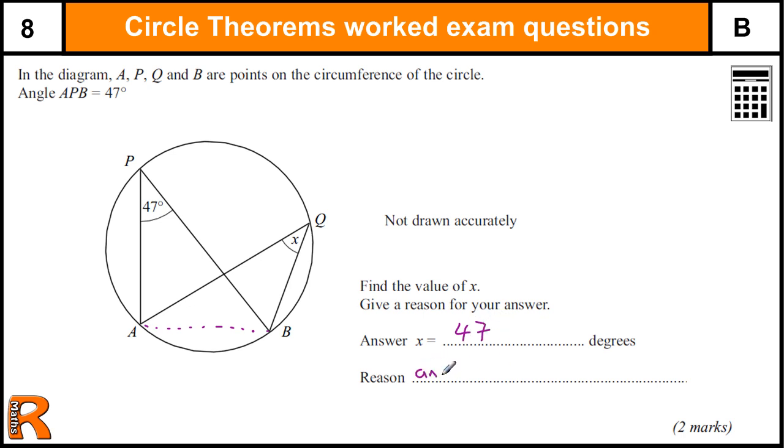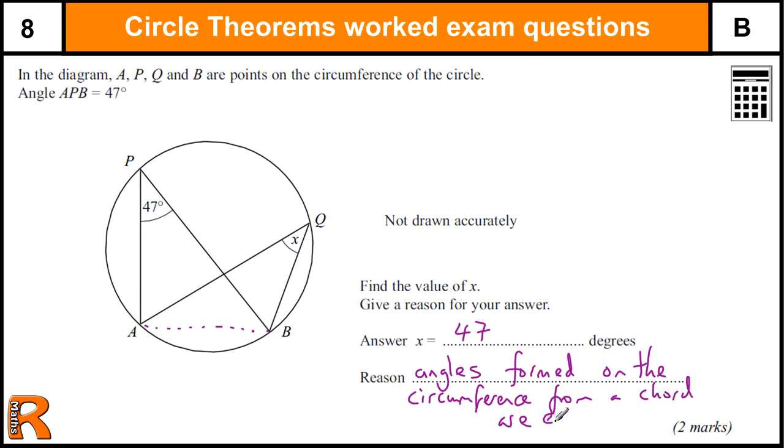Angles formed on the circumference from a chord are equal. Could add a little bit on there: in the same segment. That just means on the same side. If it was formed on the other side, it wouldn't be equal, but if they're formed on the same side, then they're equal.